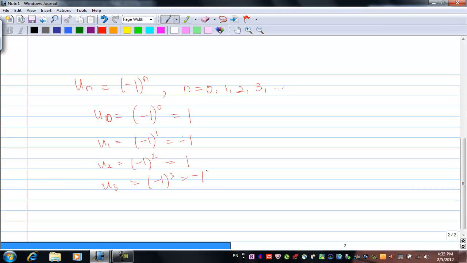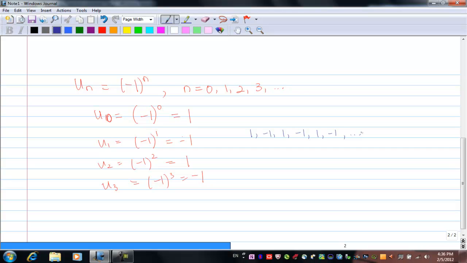So what do I observe about this sequence? This sequence is in fact 1, minus 1, 1, minus 1, 1, minus 1, and so on and so forth, all the way to infinity. Now, can I deduce what the limit of the sequence is? Well, it looks like it should be either 1 or minus 1, right? But when n goes to infinity, how do I know whether infinity is an odd number or even number?